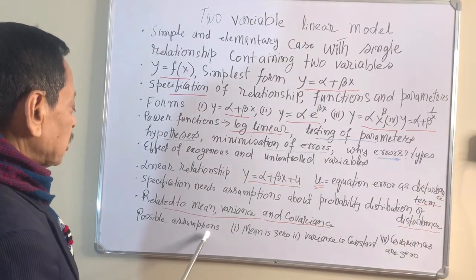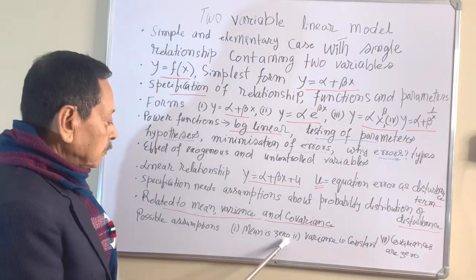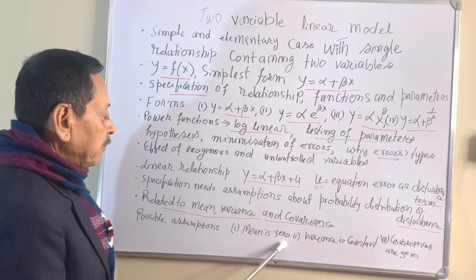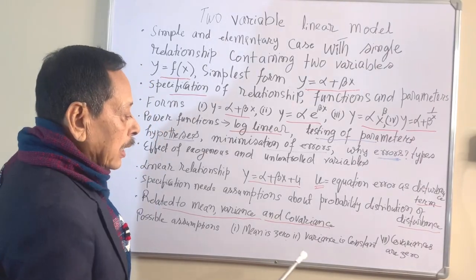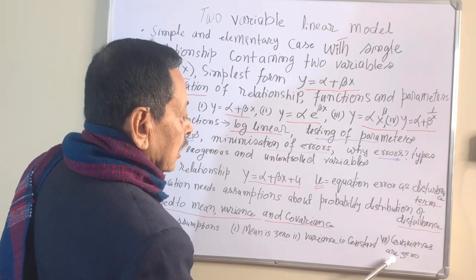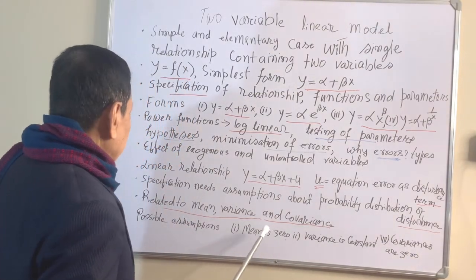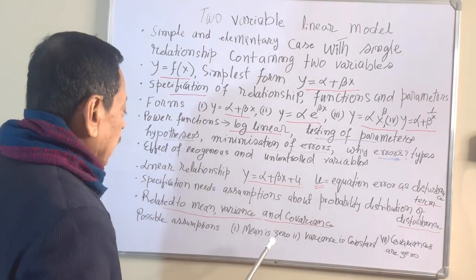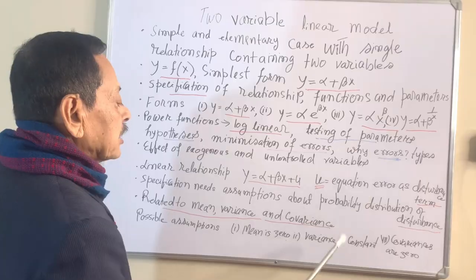So possible assumptions are, first, mean is 0. Secondly, variance is constant. And third, covariances are 0. So these are generally the assumptions of probability distribution of disturbance.